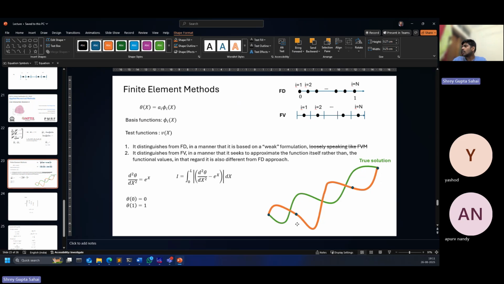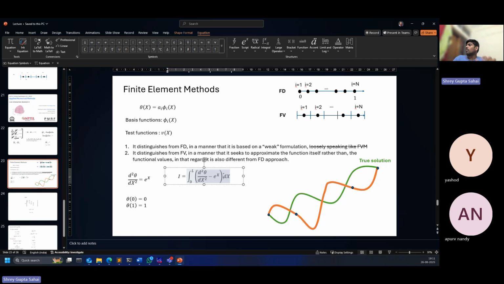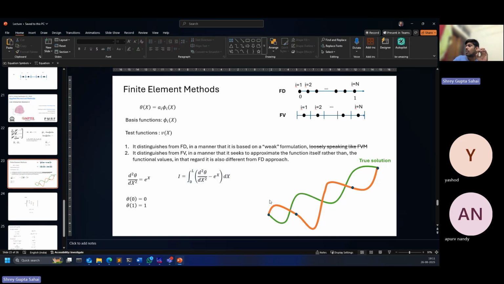What do you think, let's not look at this one anymore. Let's look at this one only. What do you think if I somehow enforce that the error near these 4 points should be zero? I want to enforce this. What will happen? Will the solution not look like something like this? If I would have chosen these points, the solution would look like this.